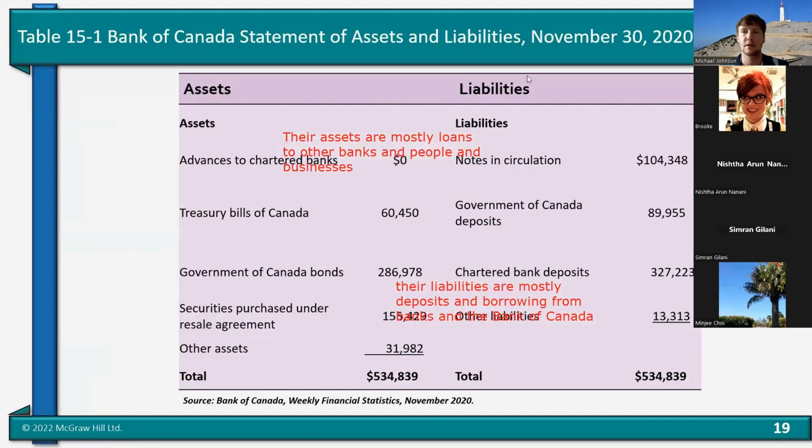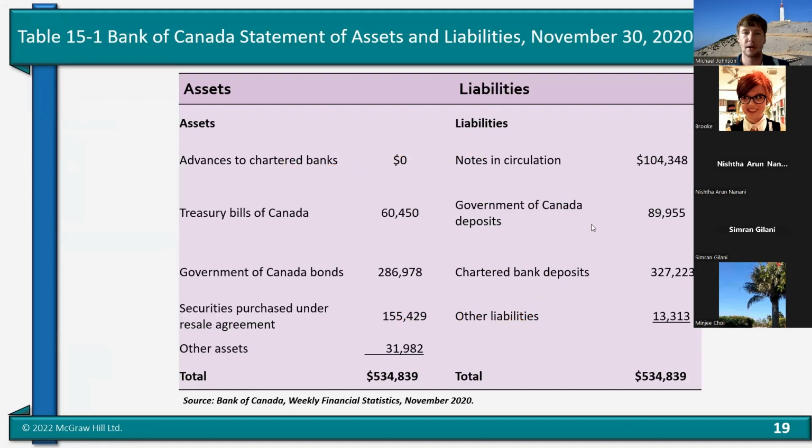As you can see here, this is an example of the Bank of Canada's balance sheet. Their assets are advances to chartered banks, treasury bills of Canada, Government of Canada bonds, securities purchased under resale agreements, and other assets. The liabilities are what they borrow: notes in circulation, Government of Canada deposits, chartered bank deposits, and other liabilities.